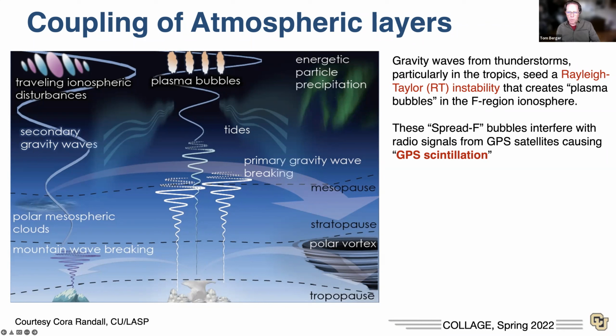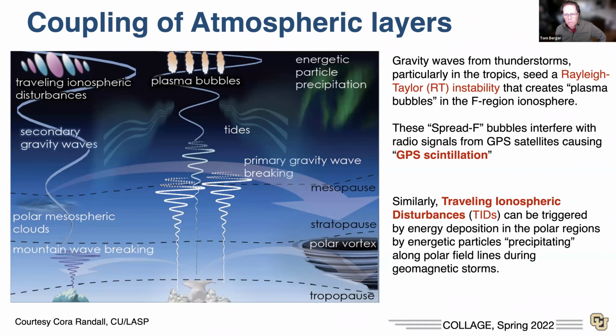But you'll hear the term spread F for the fact that these density bubbles that suddenly burst up from below will cause interference with radio signals trying to come down, for instance, from GPS satellites in middle Earth orbit. You'll get what's called GPS scintillation due to these bubbles. We'll show that in a bit here. And then also these TIDs will cause scintillation and difficulty with radio communications in the polar regions in particular.